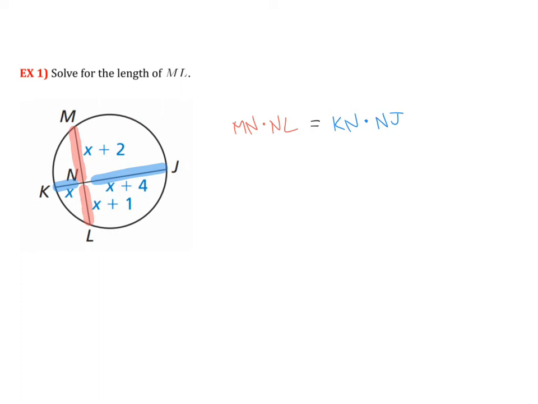So now all we need to do is substitute in. MN is going to be substituted with x plus 2. NL, I know it's a little bit messy and crowded down here, but NL is going to be x plus 1.